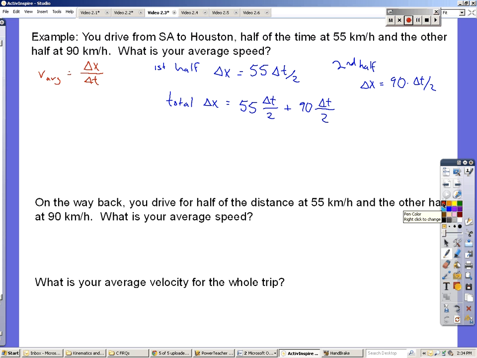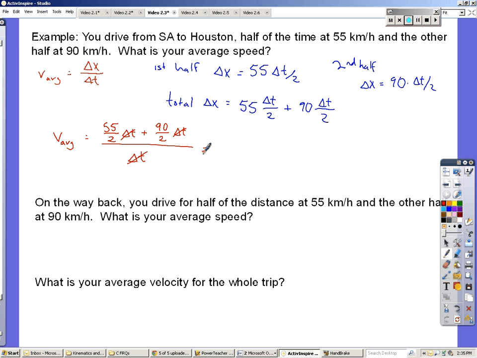And that means the average velocity is 55 over 2 times delta t plus 90 over 2 times delta t, all divided by delta t, which cancels out of the top and the bottom. And so we get 55 plus 90, all divided by 2.